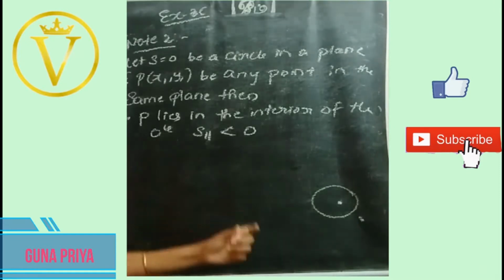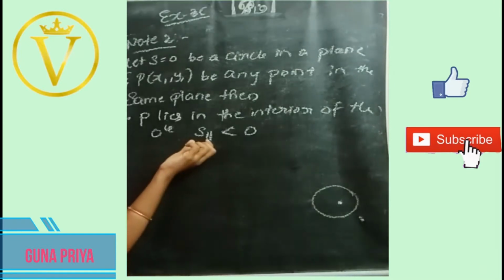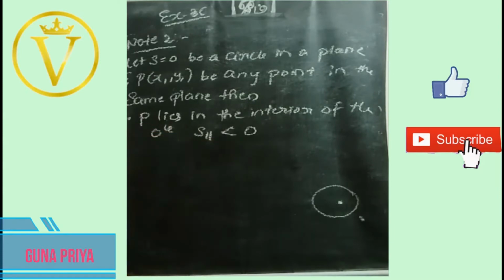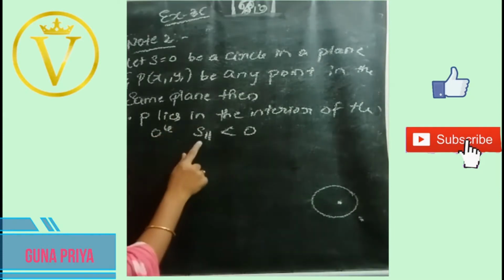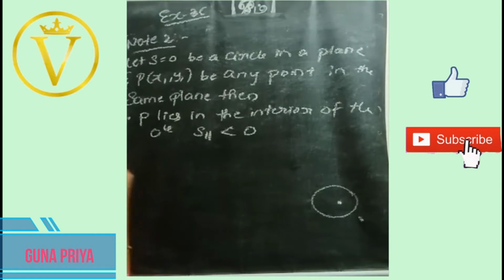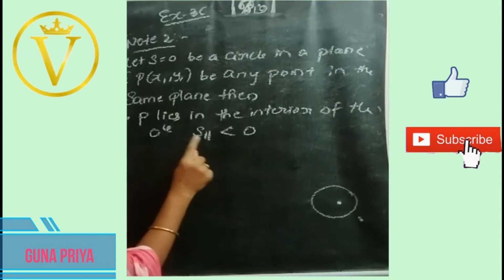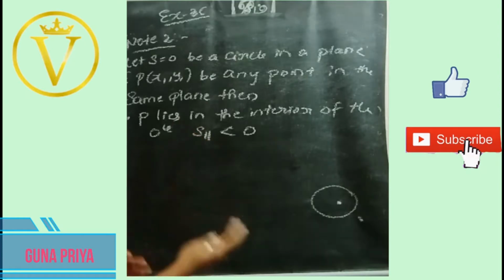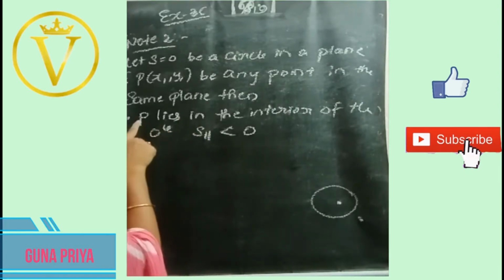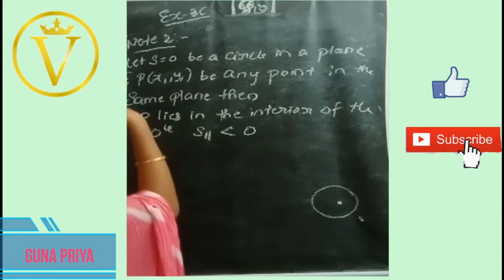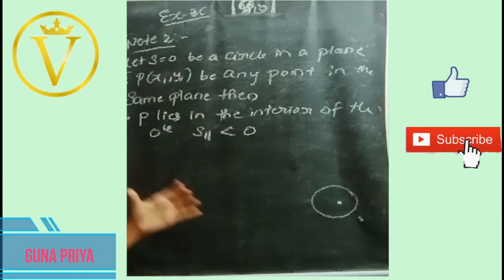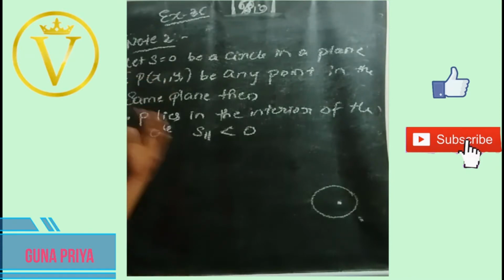So if a point lies in this equation, that means S11, we have discussed it before. S11 means x1 square plus y1 square plus 2gx1 plus 2fy1 plus c. P means nothing but any point in the xy coordinate, x1 y1.